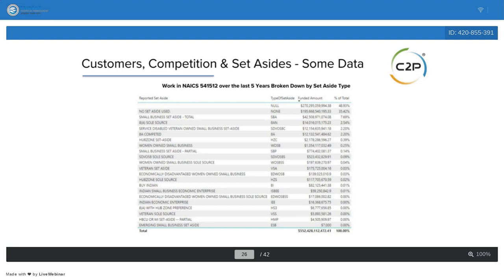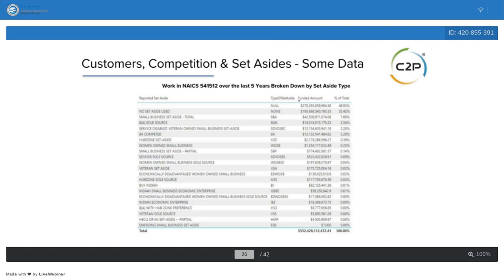But null, where the information just wasn't presented, is highest. Usually that would be the same as none. So we can see that a significant amount of the work has gone to full and open businesses. But within the small business sector, we see that total small business set-aside is still pretty high up there as far as monetary value.